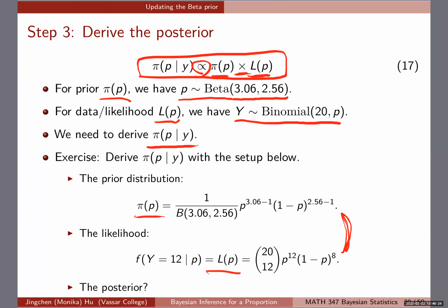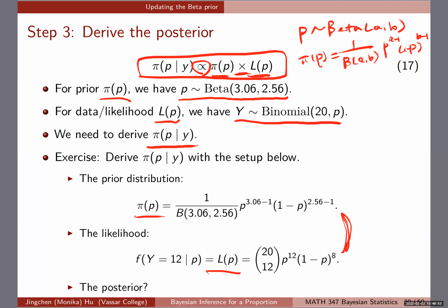All right, so it looks like many of you are trying to combine the terms. There's one thing very special about this case, which I mentioned a little bit when we first introduced the beta prior. If p follows Beta(a, b), we know the density of p is going to be 1 over the beta function B(a, b) — don't worry about that for now — times p to the power of a minus 1, and then (1 minus p) to the power of b minus 1.